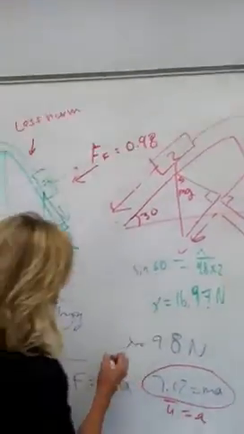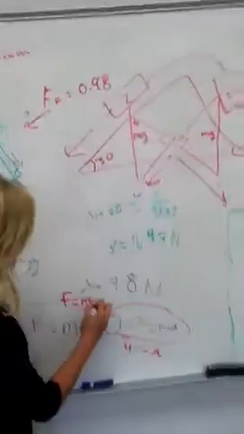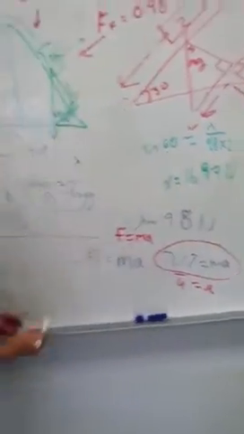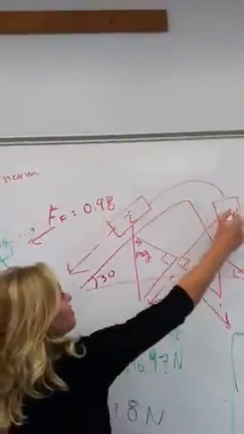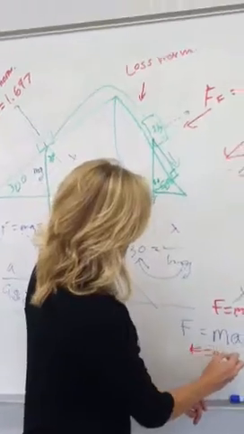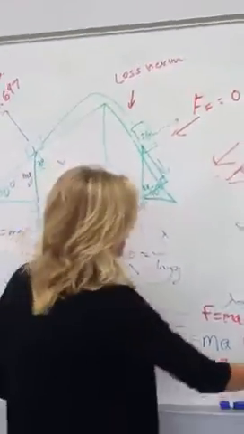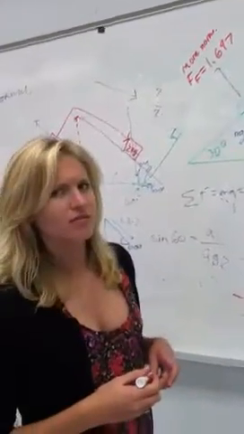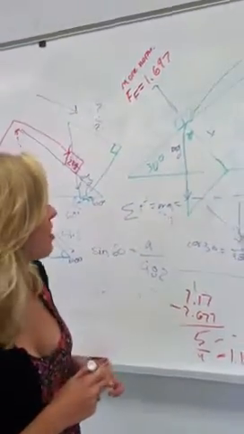Our mass is 4, because 2 plus 2, since we're finding it for both blocks. Divide by 4 and the acceleration is about 1.8.